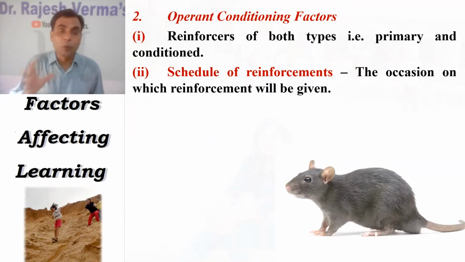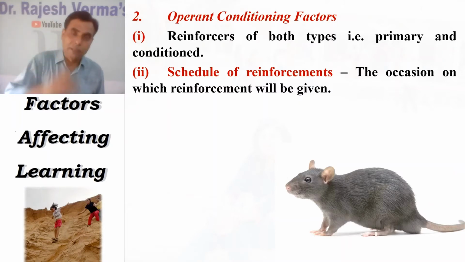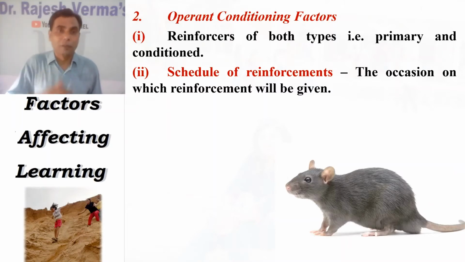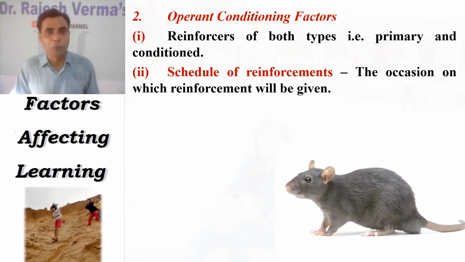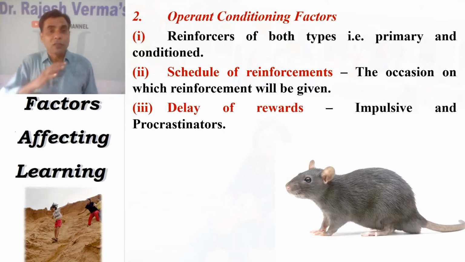Sometimes it's a variable ratio schedule, a fixed ratio schedule, a variable interval schedule, or a fixed interval schedule. We'll discuss the schedule of reinforcement when we discuss operant conditioning. Right now, you need to know this much, that the schedule of reinforcement is also a very important factor affecting operant conditioning. Then comes the delay of rewards.